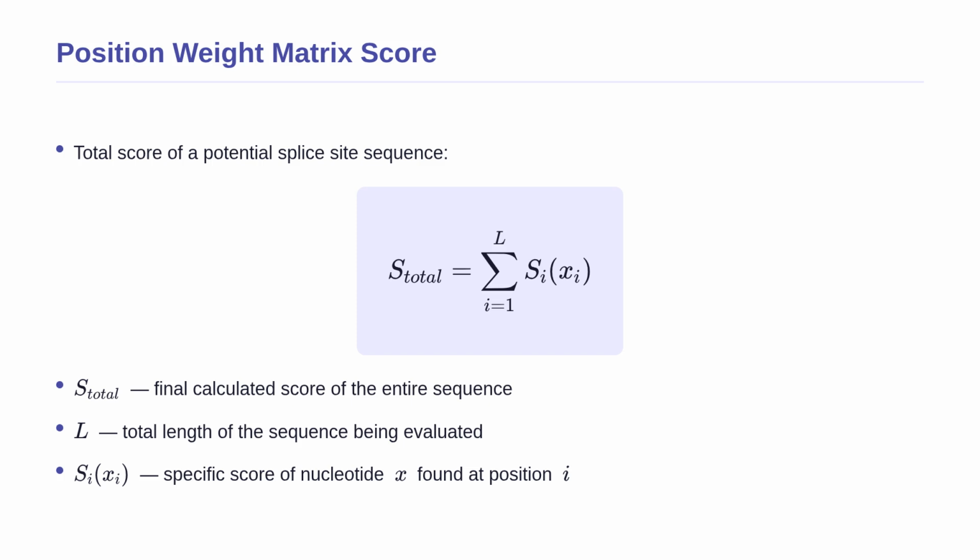The mathematical symbol sigma means we are summing up values, starting from position 1 all the way to the sequence length L. The term S sub i of x sub i represents the specific log odds score of the nucleotide x found at position i. By summing these individual positional scores, we evaluate the sequence as a whole, rather than just looking at isolated letters.